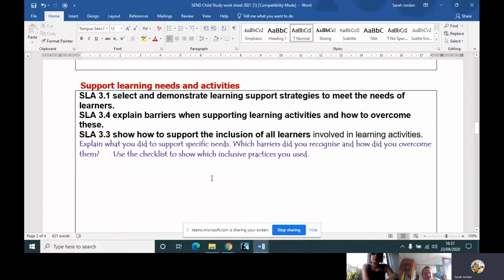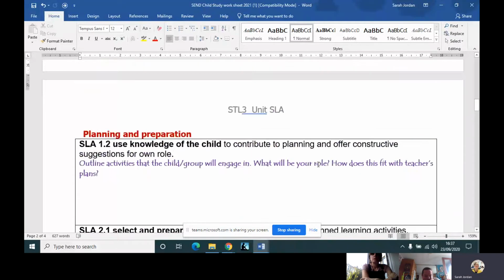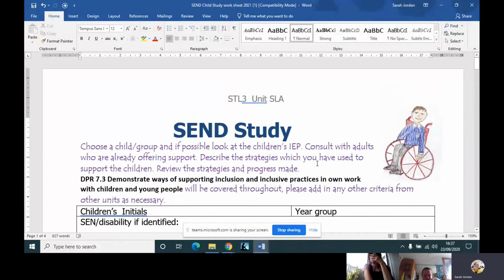In September, I was doing little activities with one-to-one or little groups of children that could cover this. So I'm just flagging this SEND thing up now as something to think about, not anything to do. Just kind of diary entries, like you were saying, Katie, just to keep your mind fresh.